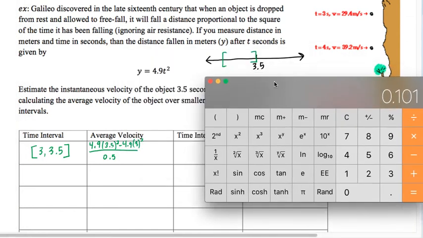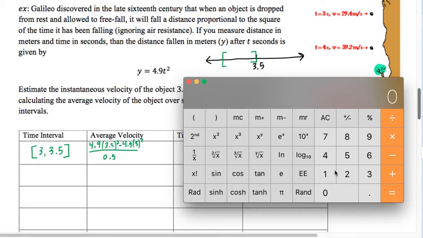Okay, so we are going to do 3.5 squared. Actually, let's first do this. 3 squared is 9 times 4.9 is 44.1. So we're going to have the first term minus 44.1.